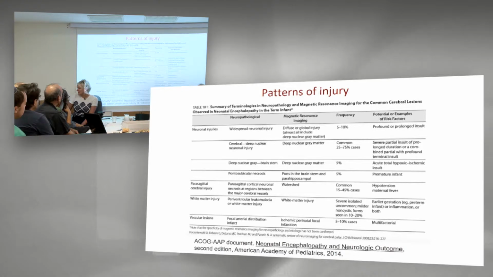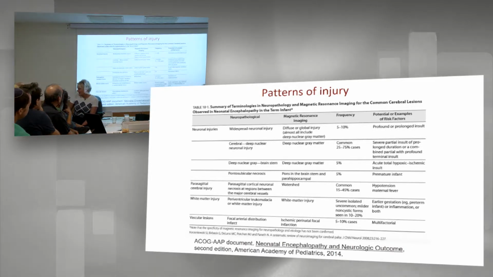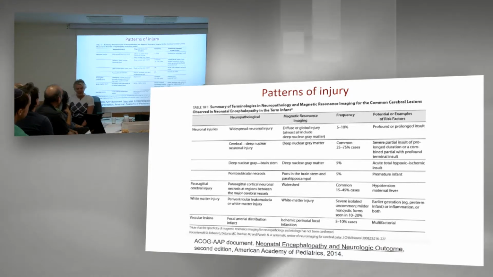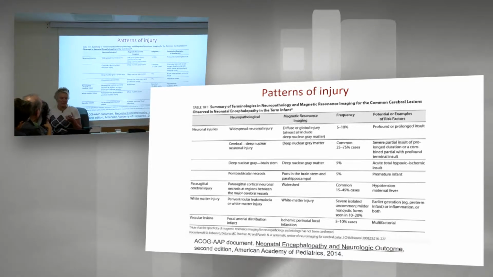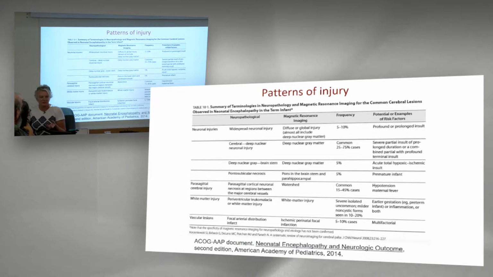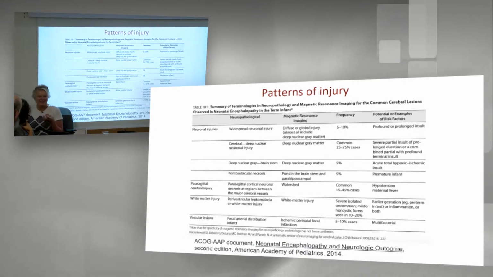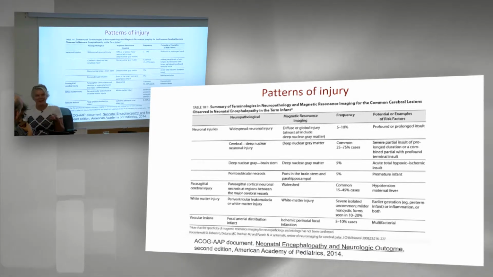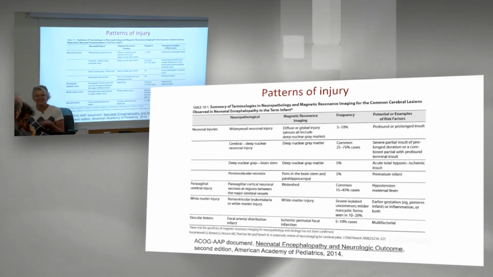I know this is a very busy slide, and I am pleased to let you know that I have just held in my hand Dr. Volpe's new Neurology of the Newborn, the 6th edition. It will be readily available in the next few weeks.